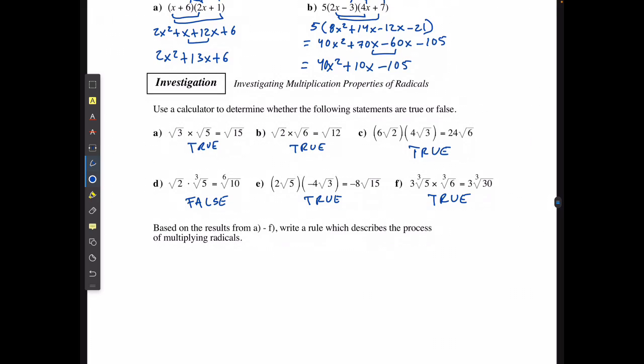So, based on what we see from A to F, write a rule which describes the process of multiplying. So, radicals with the same index can be multiplied.